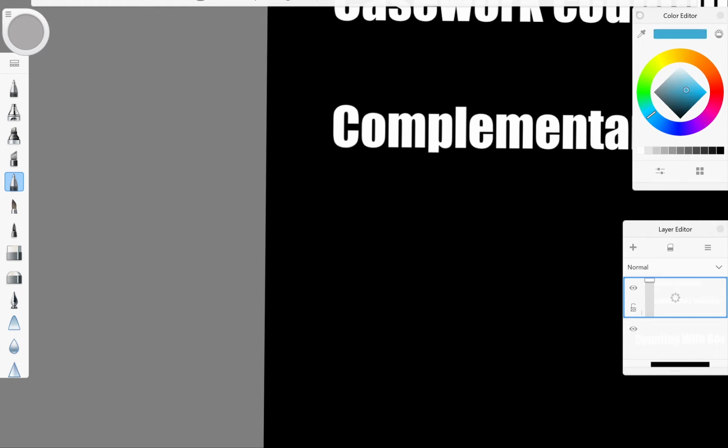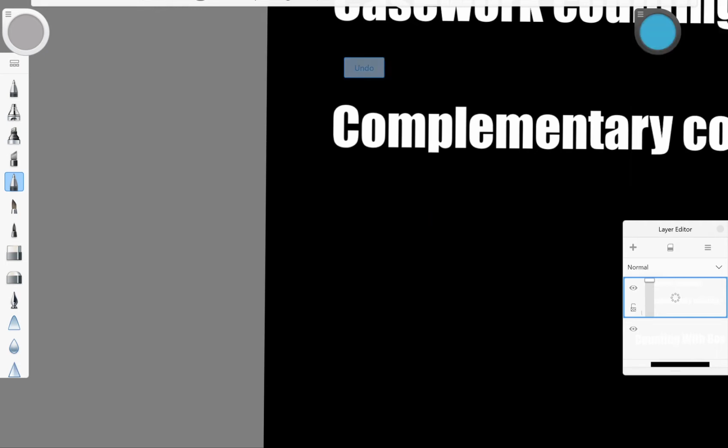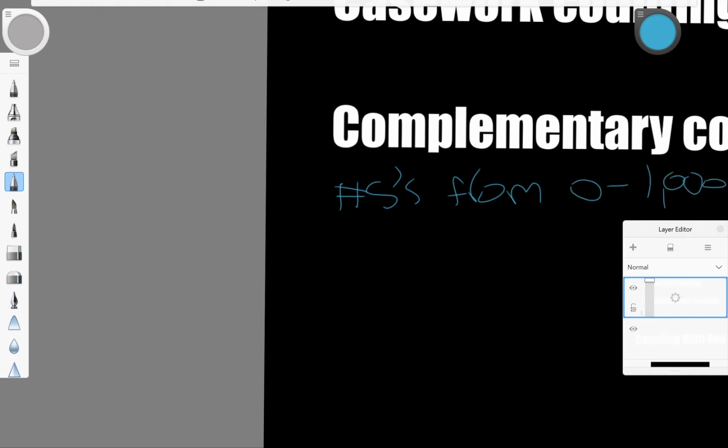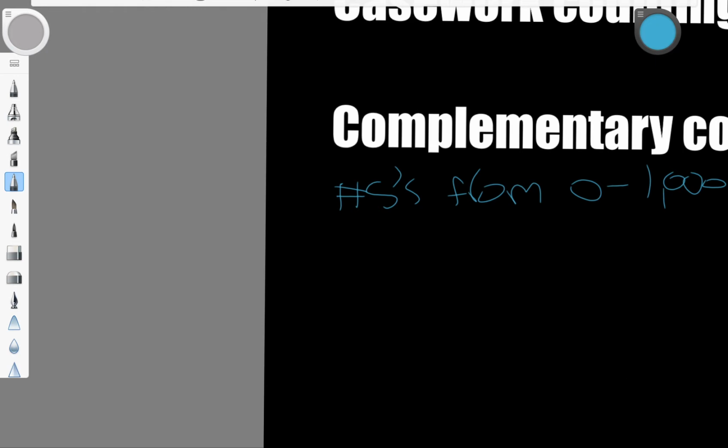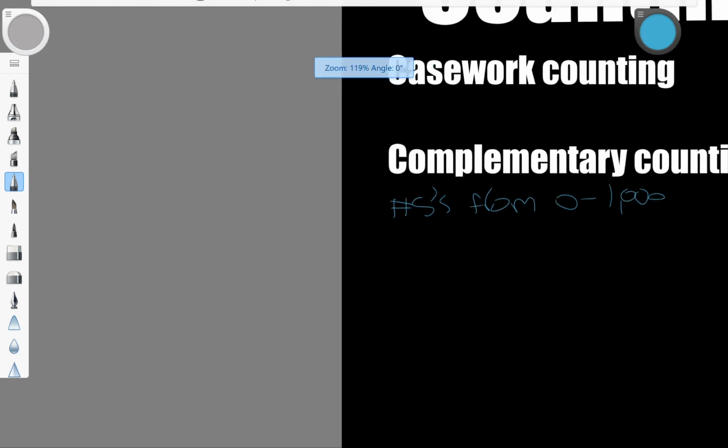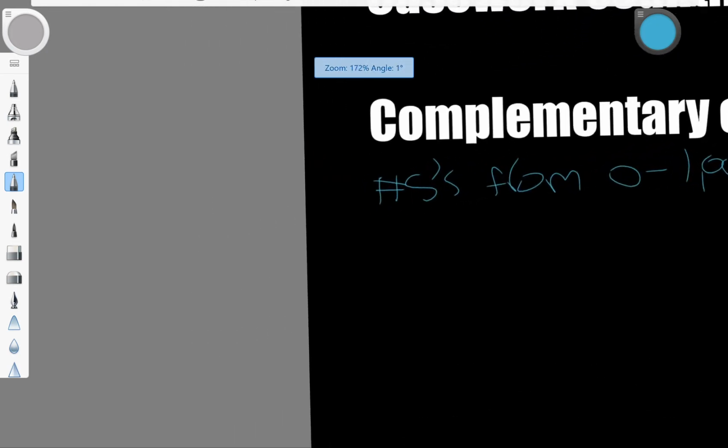Let's do a mellow blue. Alright. What is the number of 5s from 0 to 1,000? The number of 5s, not the number of things with 5, but the number of 5s from 0 to 1,000, right?